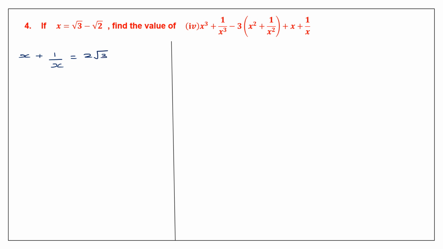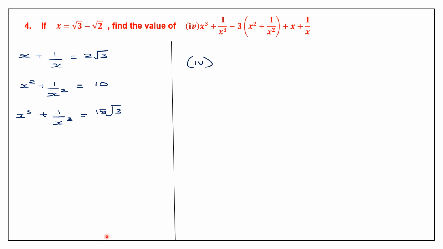In the second part we found x square plus 1 by x square, and that was equal to 10. And in the third part we found x cube plus 1 by x cube, and that was equal to 18 root 3. Now we'll just substitute it in the fourth question here.